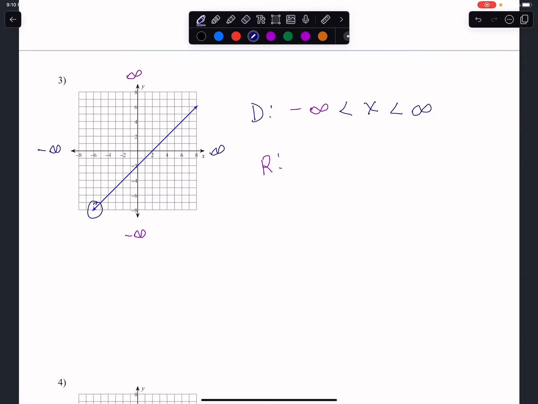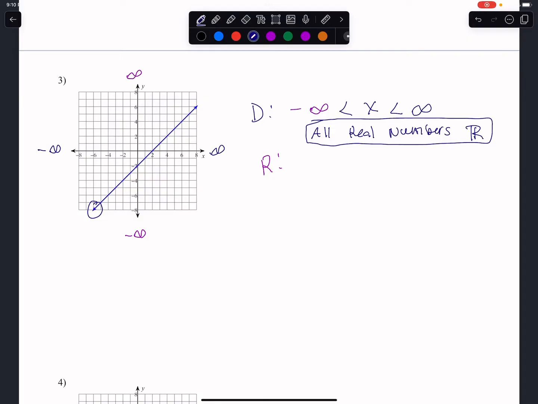So in other words, my domain is all real numbers. And this symbol is that. So in other words, there are no numbers from negative infinity to positive infinity that the domain is not. Okay, so this is all real numbers.